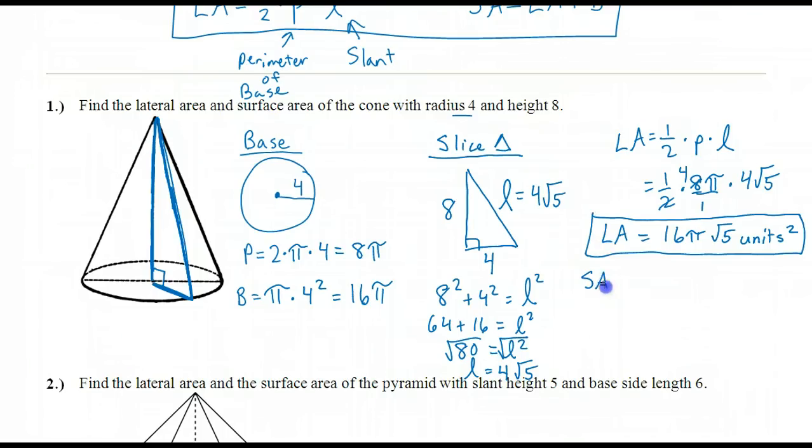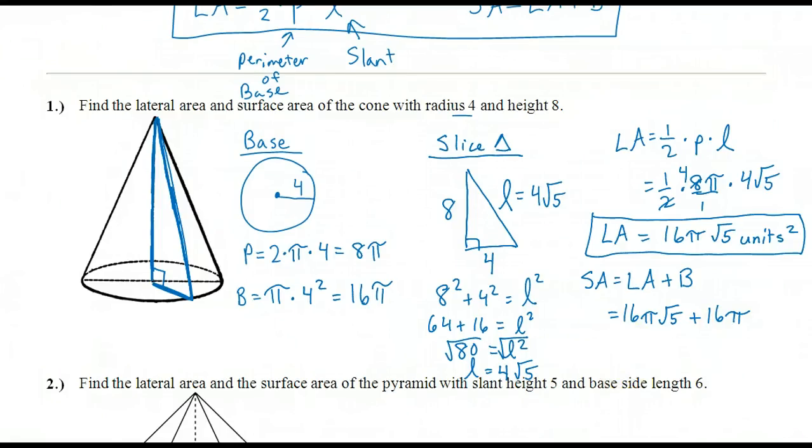To find my surface area, I'm going to take my lateral area and add in 1 base area, 1 bottom. So I'm going to take 16 pi square roots of 5 and add in 16 pi. Now here, both of these are unlike terms. They both have a 16 pi in them, but here I have pi square roots of 5, and here I just have pi.